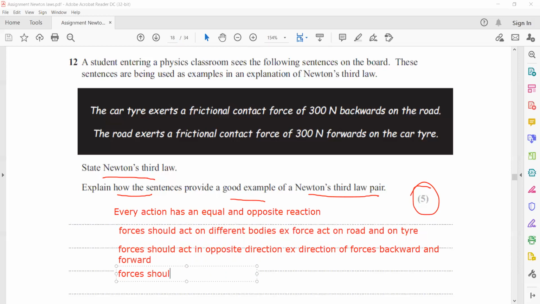And the forces should have the same magnitude, and in the given example it is 300 Newton. And they should be the same type, so you can see both are the frictional force.